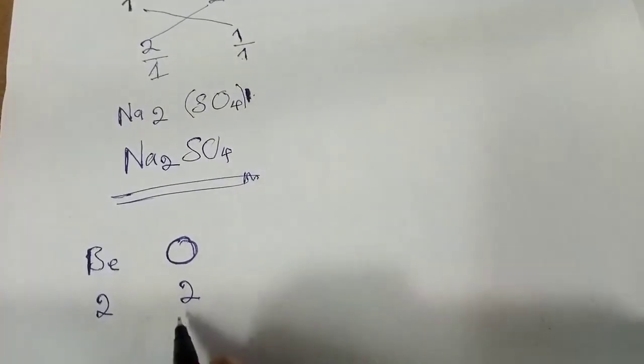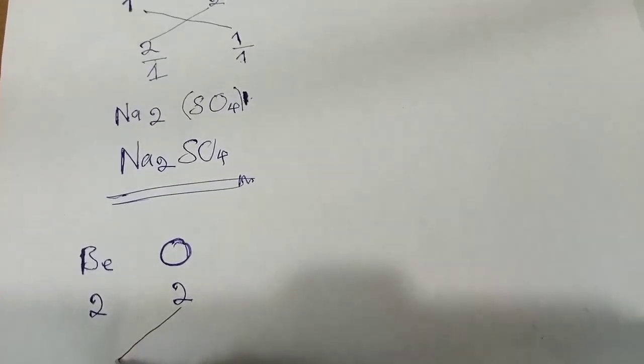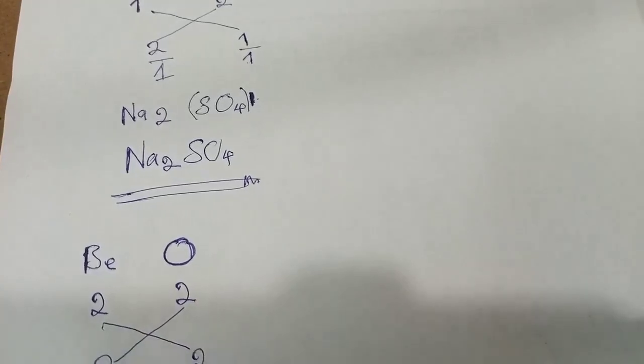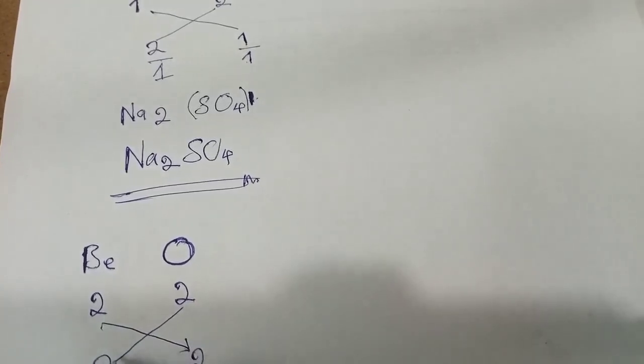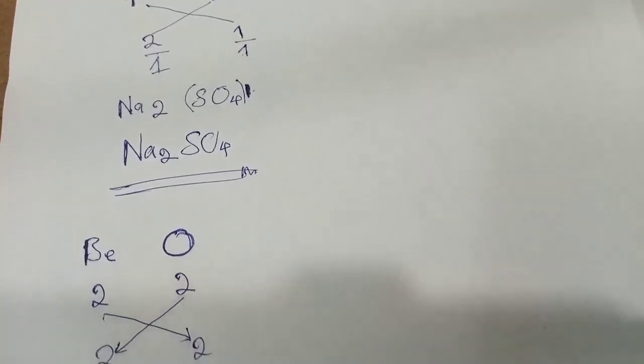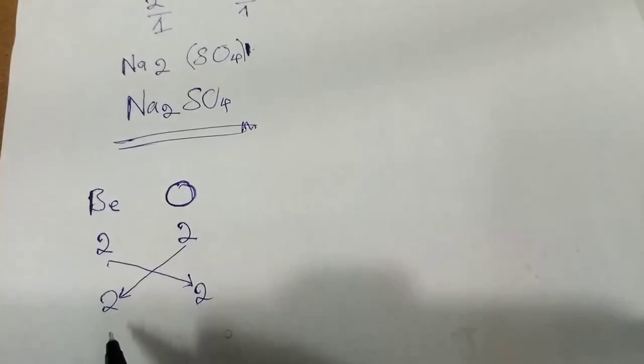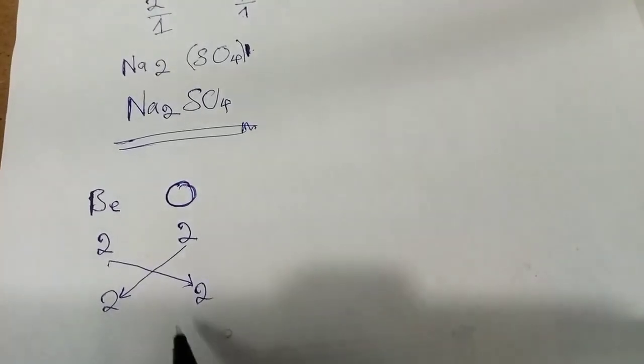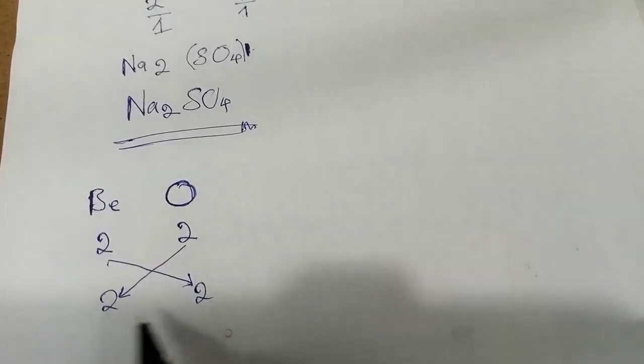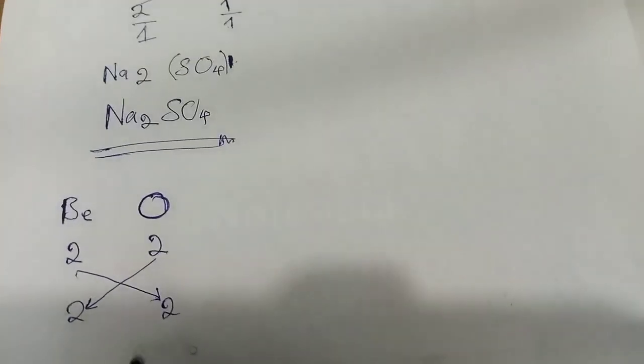So when these two swap their valence numbers, this 2 comes this side and this 2 comes this side. Let me indicate the arrow so that you can see how they are going. Then you look for a common factor, a number that you can divide into both numbers without leaving a remainder. That number is the same 2.